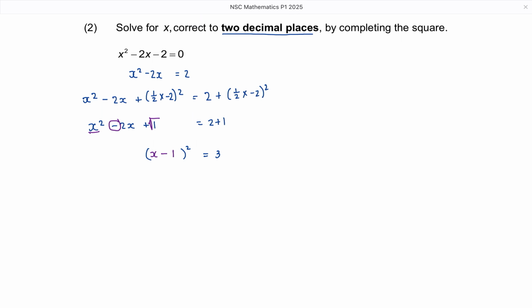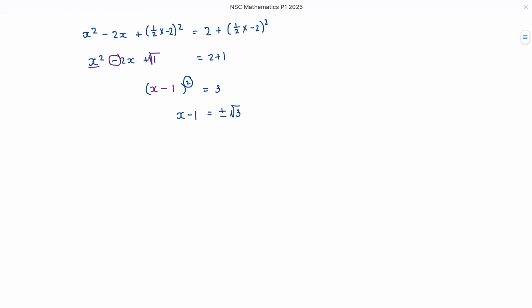Our next step would be to solve for x, so we first need to get rid of that square by doing the square root on the other side. And because 3 is a prime number, it will stay in surd form. And then we will take the 1 over. So it's going to be plus minus the square root of 3 plus 1.